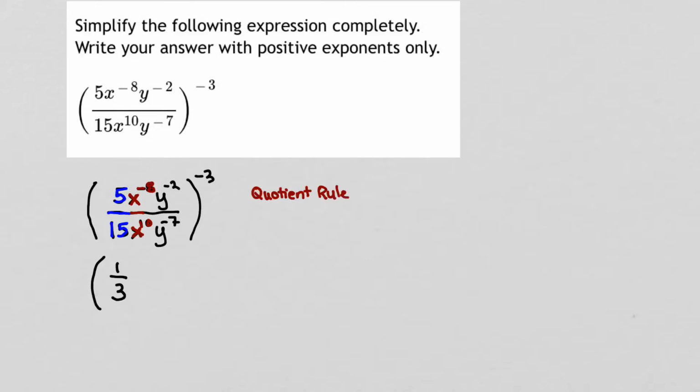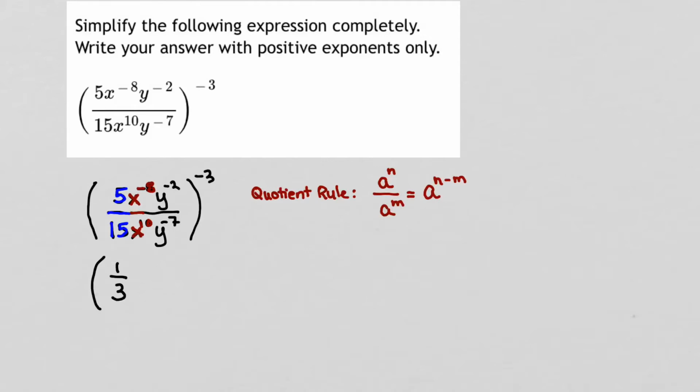It says that if you have any base to a power divided by that same base to a power, a to the n divided by a to the m, you can put those bases together as a single base a, but doing so, you will be subtracting the exponents. That's our quotient rule for exponents.